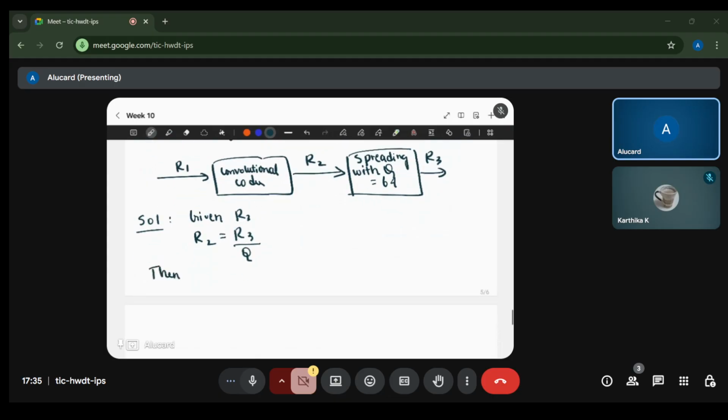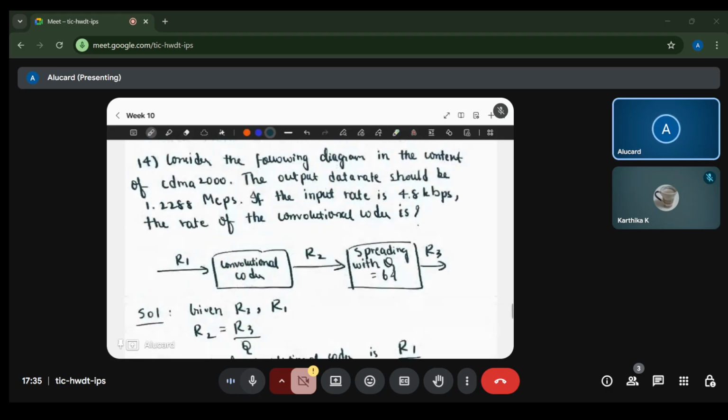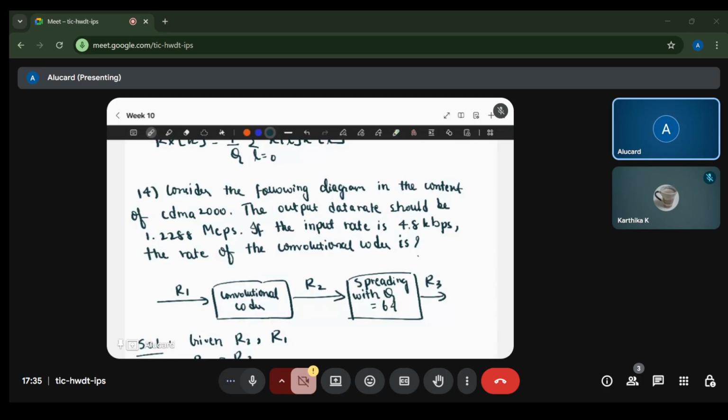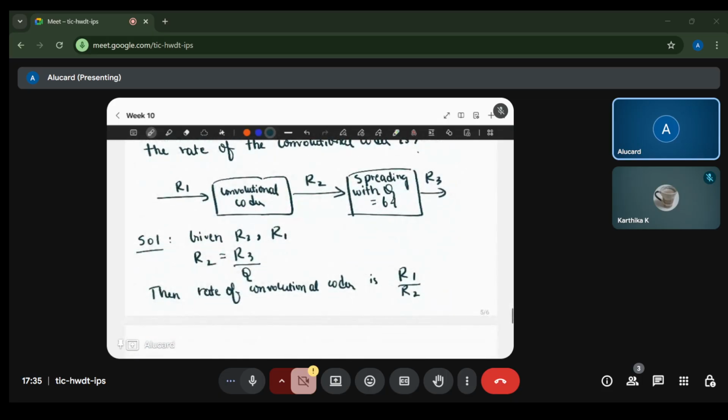Then the rate of the convolutional coder is R1 by R2. R1 is also given, the input rate, 4.8 kbps. The numbers are such that the rate is a valid rate. It's a proper fraction.